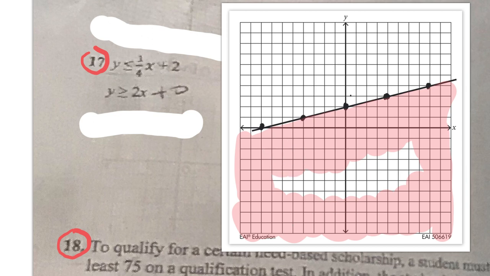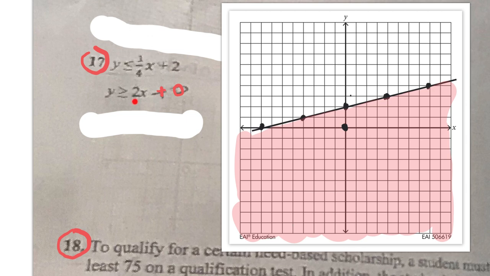Now with regards to the second inequality, it says that y is greater than or equal to, I guess that's 2x. Whoever had this review sheet wrote a +0 there, because if it's y is greater than or equal to 2x, the y-intercept would be 0. So we can sort of draw our point at that y-intercept of 0.